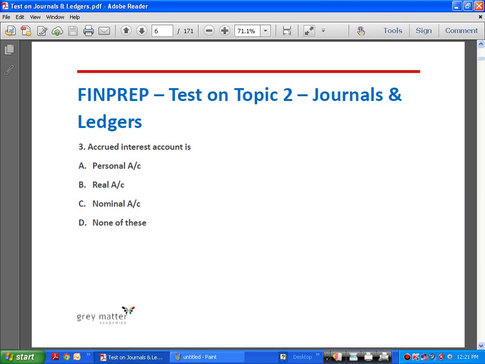Interest is a nominal account because interest is an income, but here interest is not received yet, right? And accrued interest is just accrued. So accrued interest account is a personal account because the account represents a person from whom interest is to be received. So to be very specific, it is a representative personal account. So answer is A.